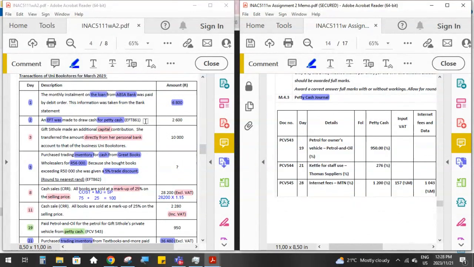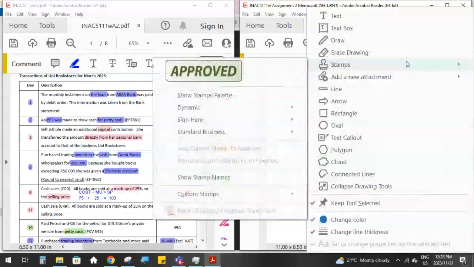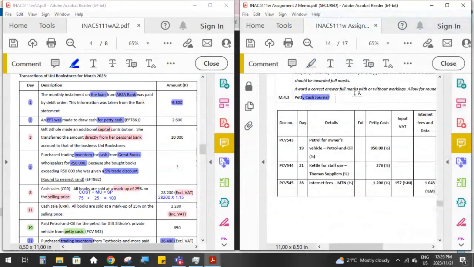No. When we are paying with this one, we are taking money out of our bank account, so it must go into our cash book payments. Only when we pay money out of the petty cash box does it go into the petty cash journal. Only payments out of petty cash.